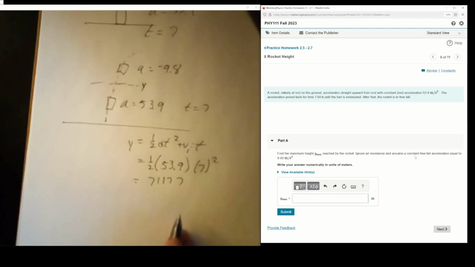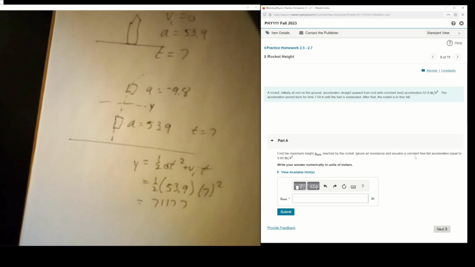So that's what the engine's on. And let's figure out how far it goes once the engines are off.